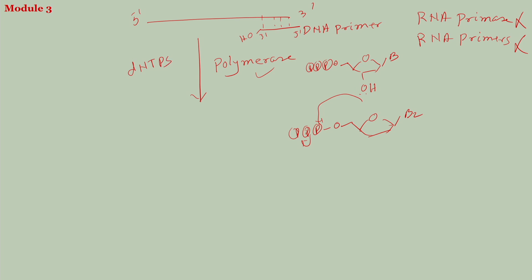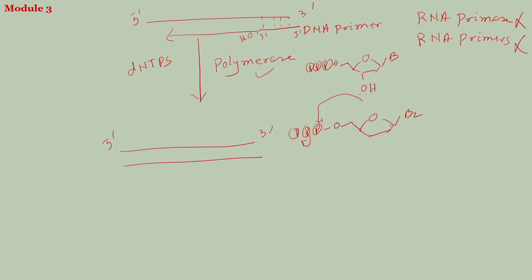So, we need the enzyme polymerase, and you need all the individual dNTPs. Since the DNA primer is there, DNA polymerase is going to bind, and the suitable complementary dNTP will be picked up and your strand will be synthesized in this direction, 5 prime to 3 prime.